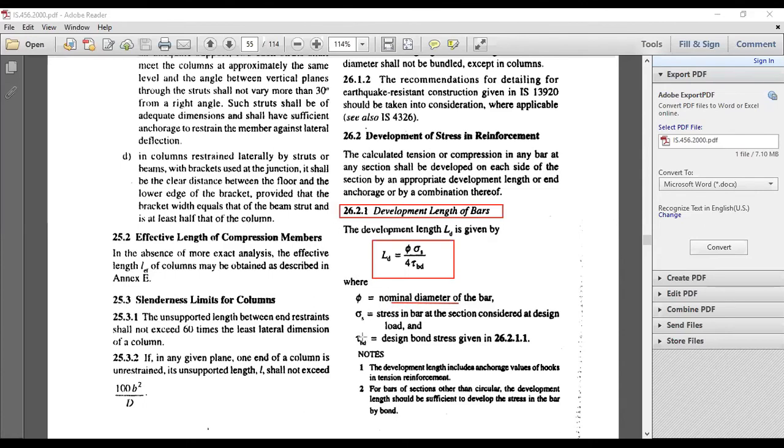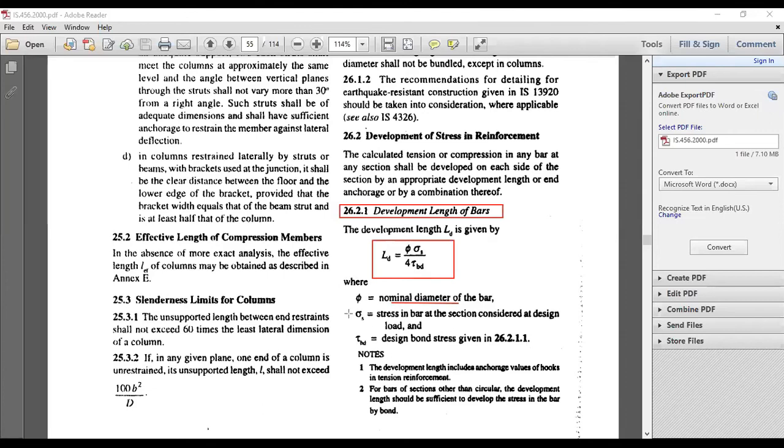Then sigma s is equal to the stress in bar at the section. Okay, so this is called the stress. The value of sigma s is generally taken as 0.87 into Fy. Now this tau BD is nothing but the design bond stress given in 26.2.1.1.